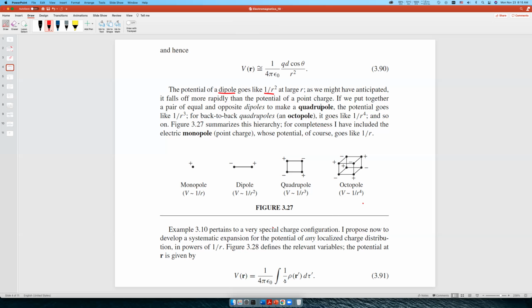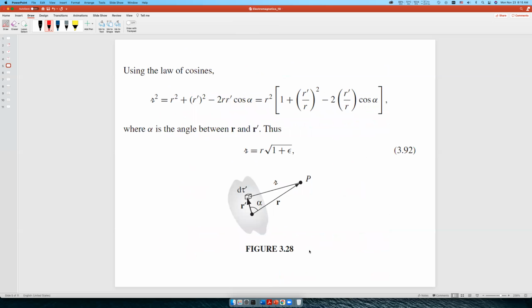In this example, we pose a systematic expansion of any localized part of 1 over R. Let's define the element of variable here.